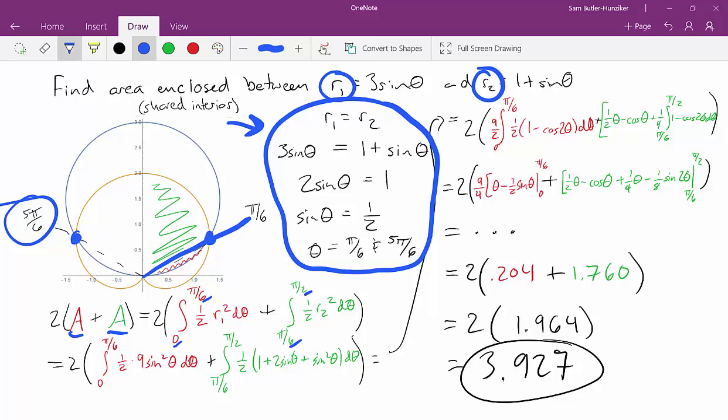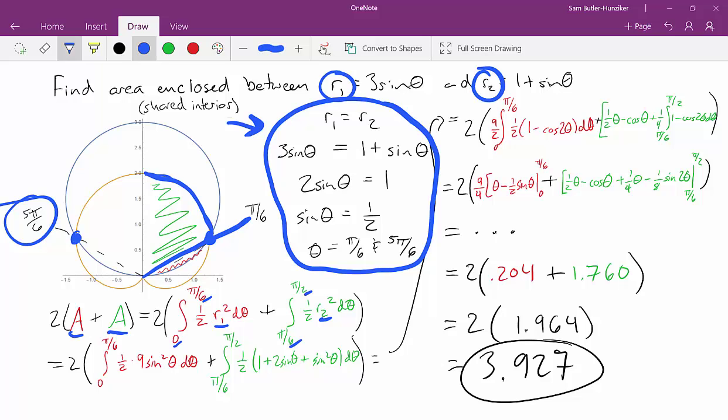For those two different figures, it's just a matter of assigning R1 for that red one. R1's the circle, so the outer dimension for that particular portion is the circle, or R1. Outer portion for this portion of the curve is the cardioid, or R2.